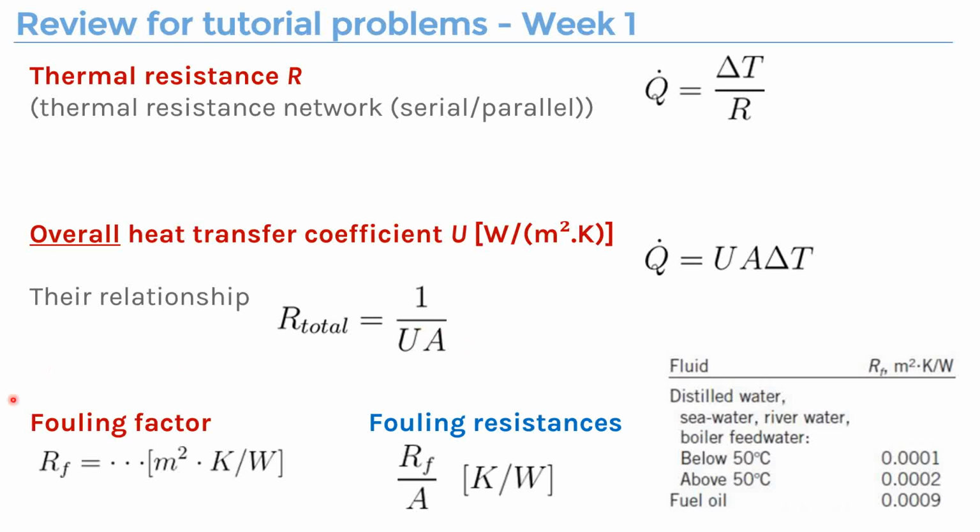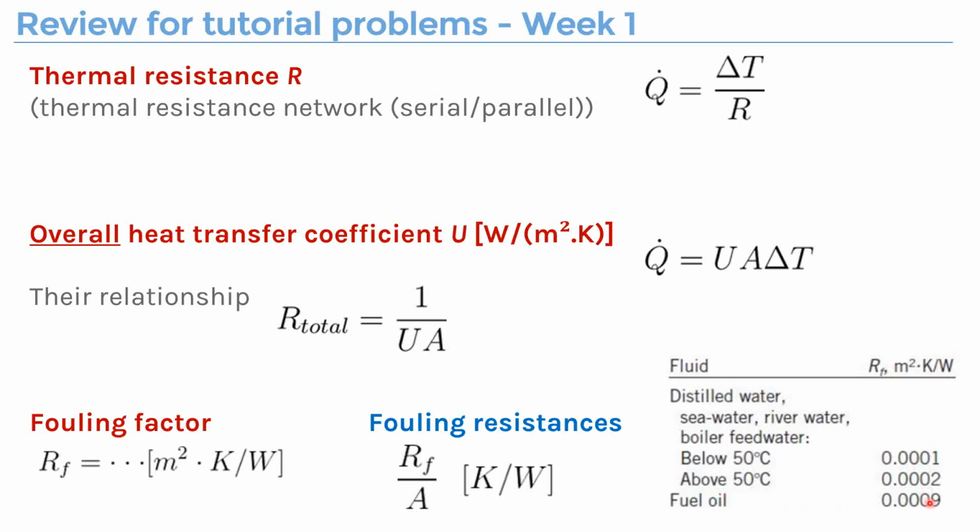Another new thing to introduce, which may be too early for week 1 but which you might need in the tutorial problems, is also really simple. We want the resistance to be used in the series or parallel network, but if you have fouling on that pipe, there will be fouling factors given to you in this table.